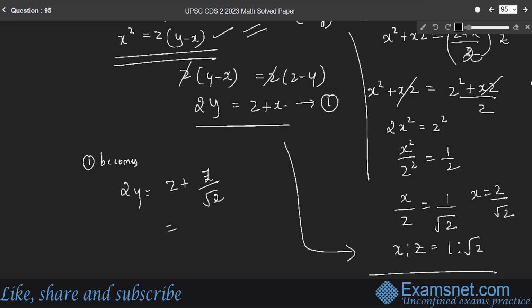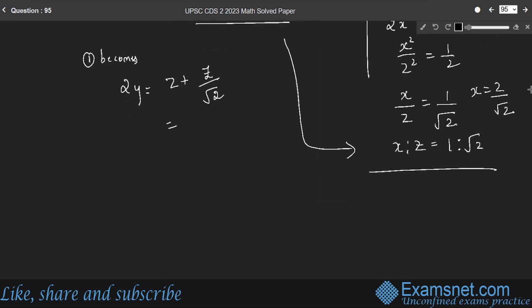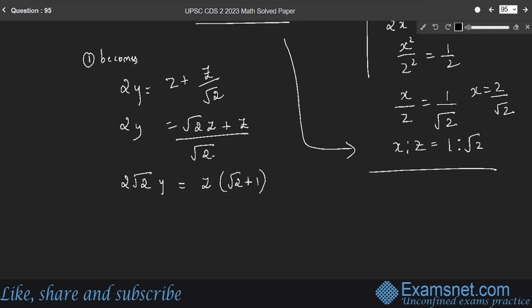Therefore, 2y becomes root 2z plus z by root 2, right? 2 root 2 into y is equal to z into root 2 plus 1, right? Therefore, y to z ratio is root 2 plus 1 by 2 root 2, right?